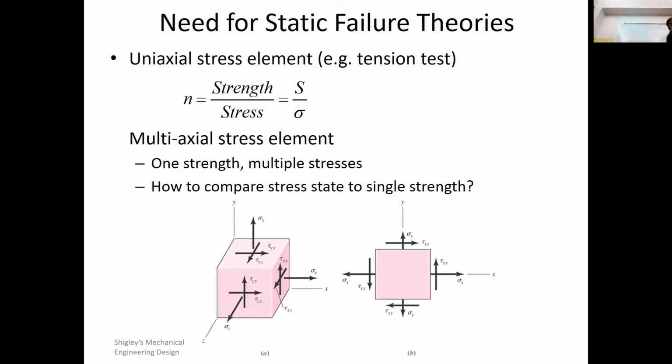I'll take you back to basics. When I introduced strength on Tuesday, we looked at simple tension test. So I looked at this specimen that I primarily load axially. What does an axial load do?